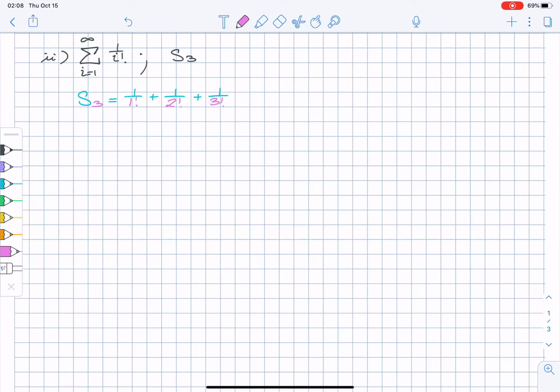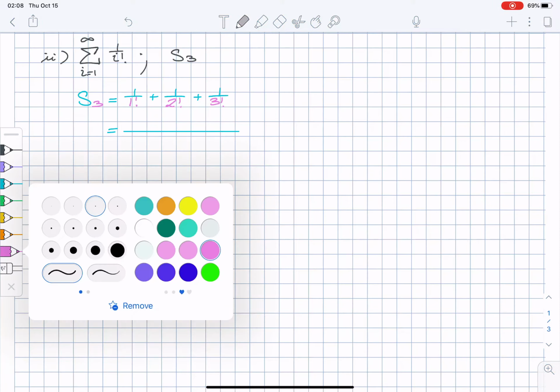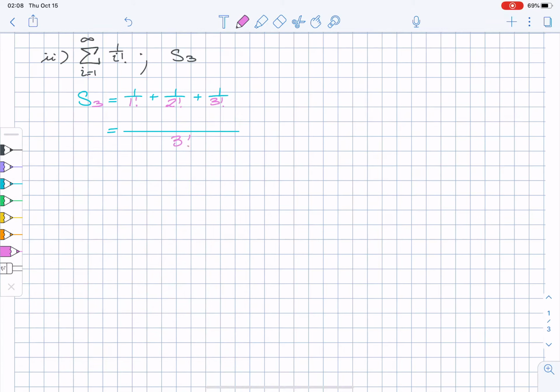Okay, so this is going to be common denominator, I claim is 3 factorial. Okay, so let's note off to the side. 3 factorial is 3 times 2 times 1, which is just 6. Okay, so 3 factorial divided by 1 factorial.